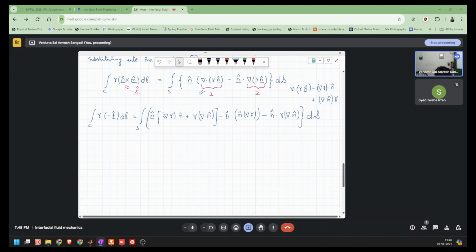So these are the four terms we have: one, two, three, and four.